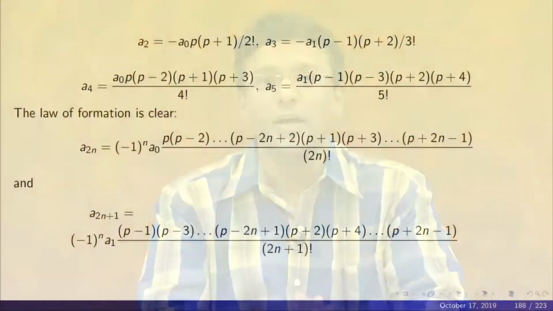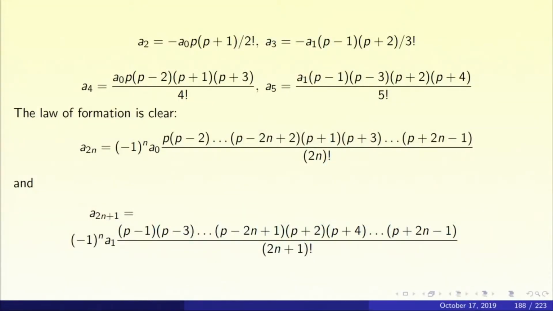So what do we get? We get a4 equal to a0 into (p minus 2)(p plus 1)(p plus 3) upon 4 factorial. a5 is what? a1 into (p minus 1)(p minus 3)(p plus 2)(p plus 4) upon 5 factorial. The law of formation is very clear by looking at these two terms by themselves.